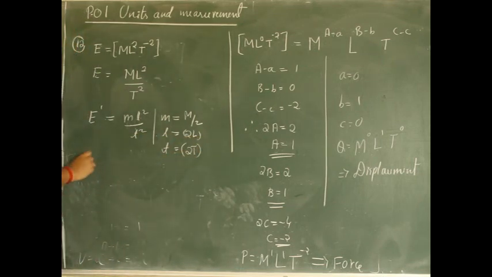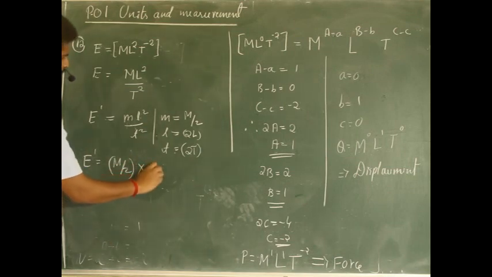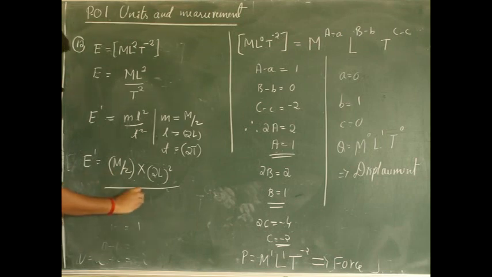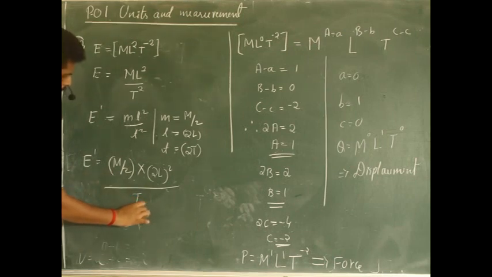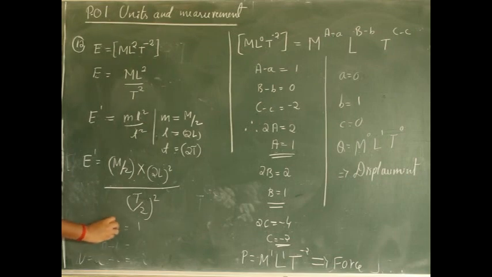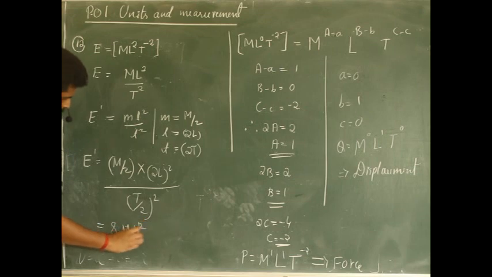Now let us substitute here. So E dash is nothing but equivalent to m, that means m by 2, next l means 2l whole square, divided by t by 2 whole square. While evaluating, what you get is 8 times m l square divided by t square.